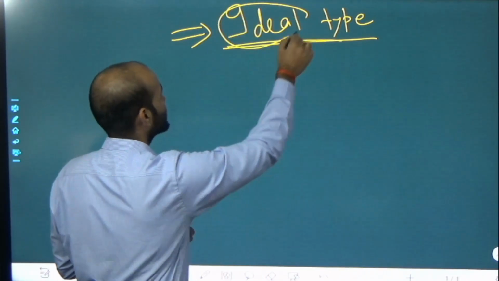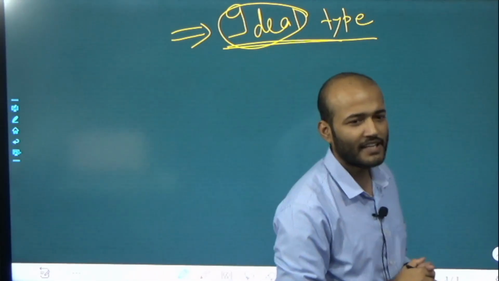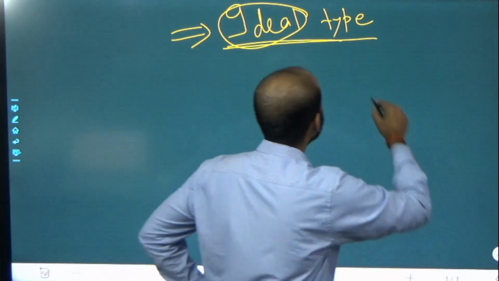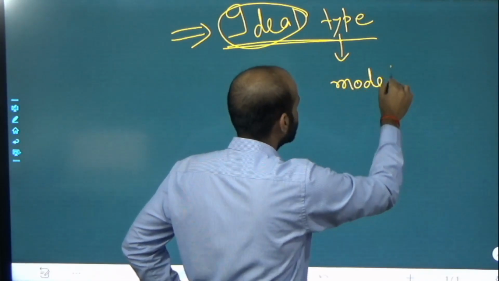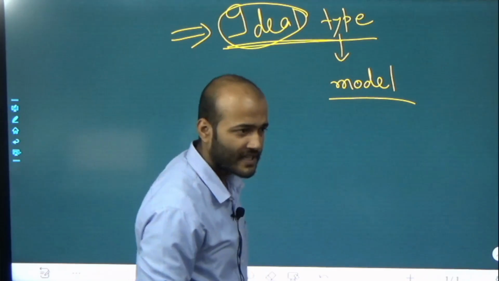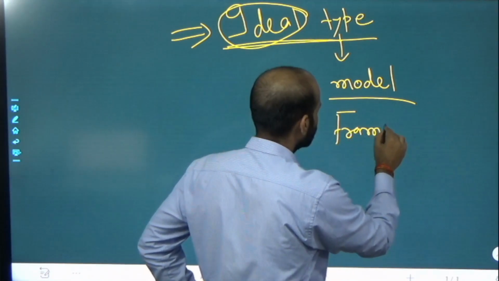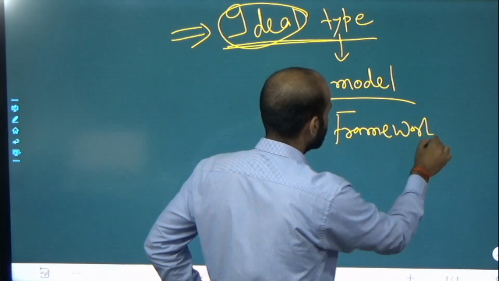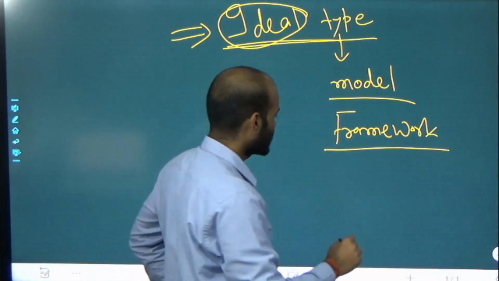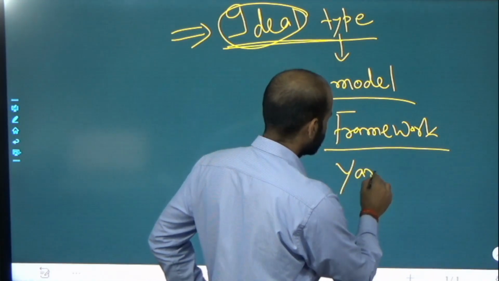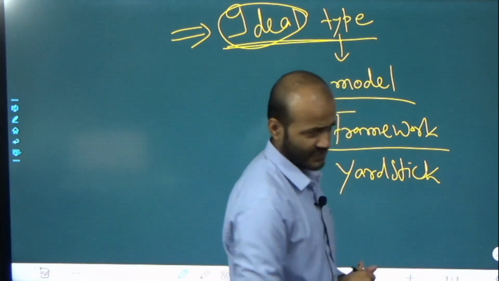Ideal, हिंदी में हम लोग इसको बोलते हैं आदर्श, and type means a kind of model, right? Type means kind of model, a framework. We can say a framework, or any form of a yardstick, तो मापने का पैमाना होता है ना, yardstick, right?